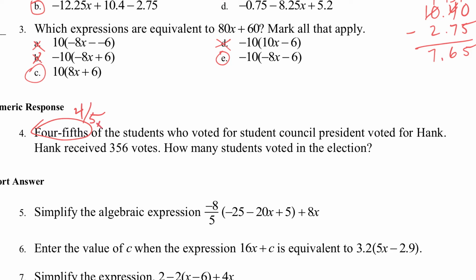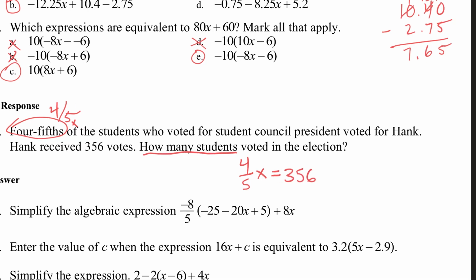Of means to multiply. So you multiply, I don't know how many students. We're trying to figure out how many students there are, right? That's what x is. And 4/5 of the students voted for Hank, so that's equal to 356 votes.